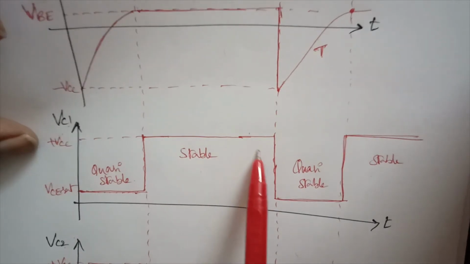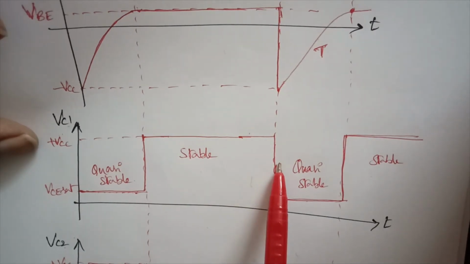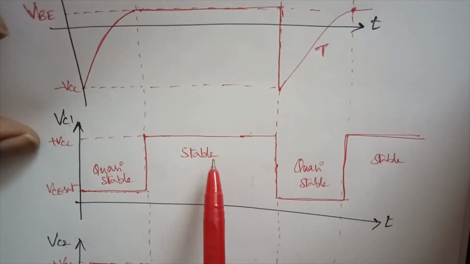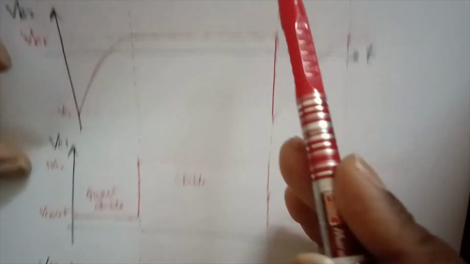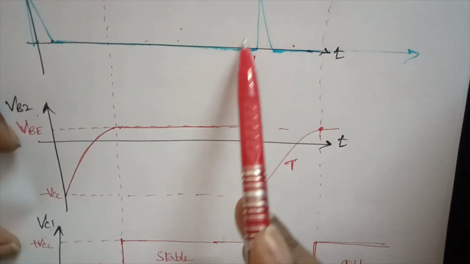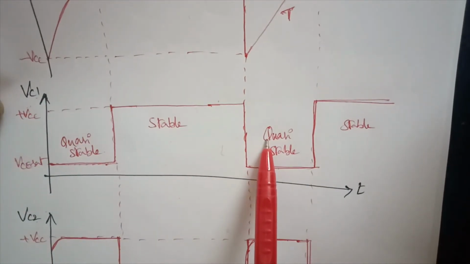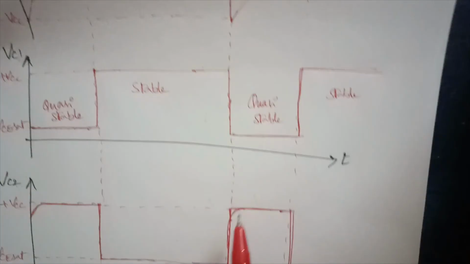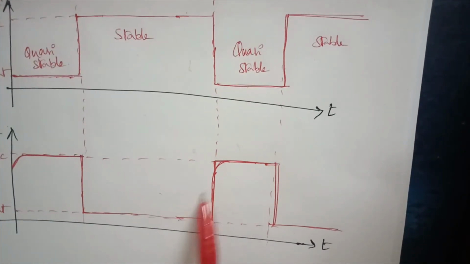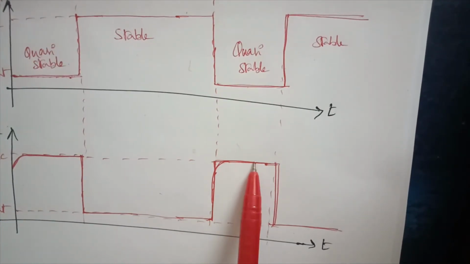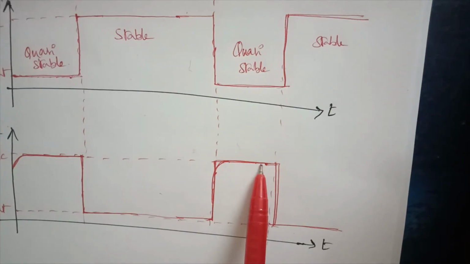The transistor moves to the on state only when we are applying the trigger pulse. When we apply the trigger pulse, the transistor Q1 is switched on, so at that moment the transistor Q2 is switched off, therefore the voltage across Q2 is plus VCC.